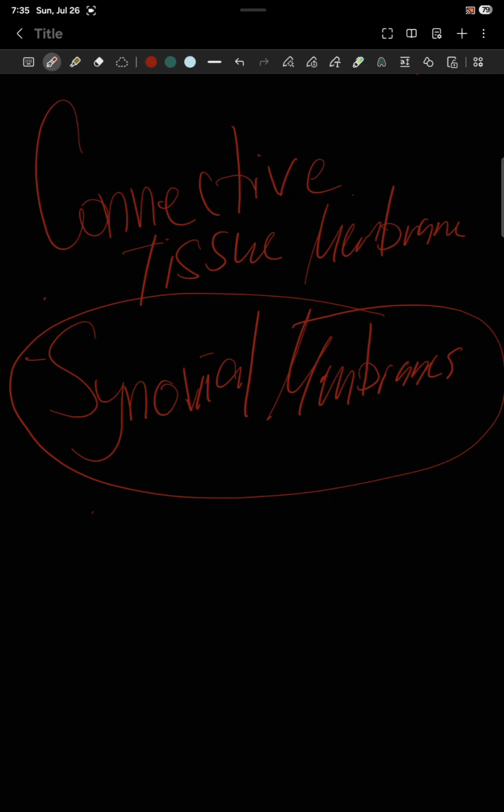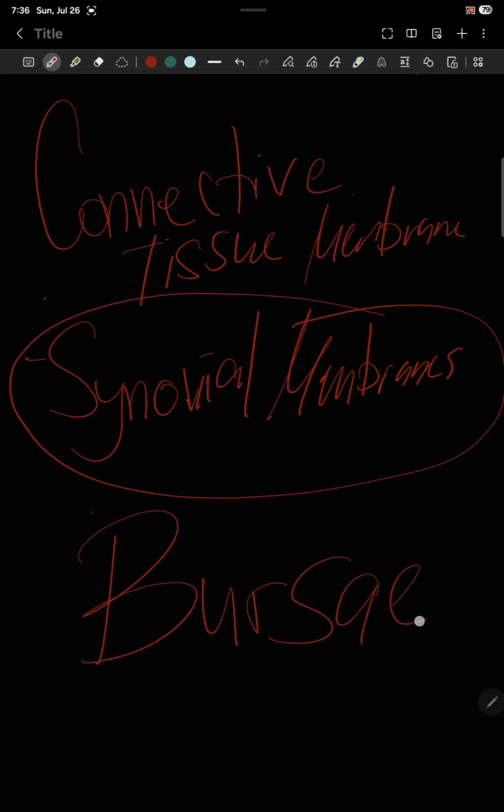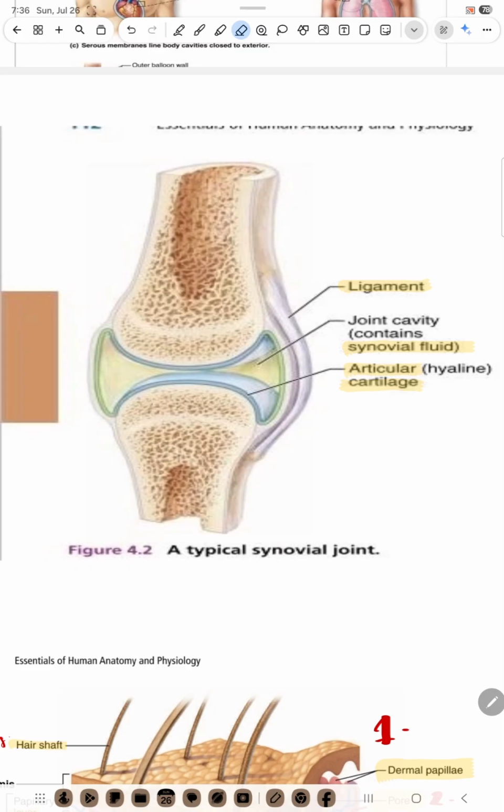They also line small sacs of connective tissue called bursae. So this is the synovial membrane. Yes, a typical synovial joint. In our bones, here is the ligament, and here is the synovial fluid.